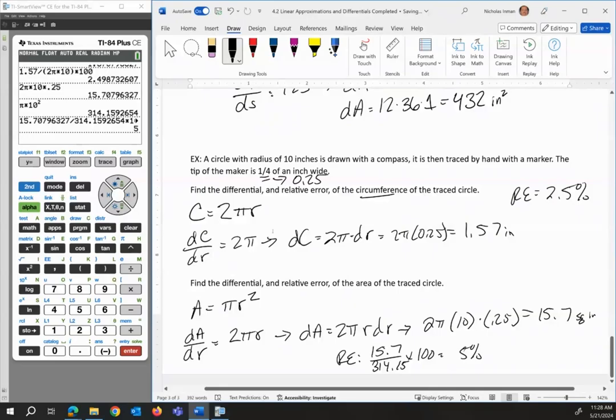All right, but that is kind of crazy when you think about it. Being off by just a quarter of an inch on your circle might produce even a 5% error on this 10-inch radius circle. Okay, so that just kind of, I hope, ties into the idea that being accurate in measurements in the real world can produce some very wildly different results. A small error in measure can produce very large errors in observed values.